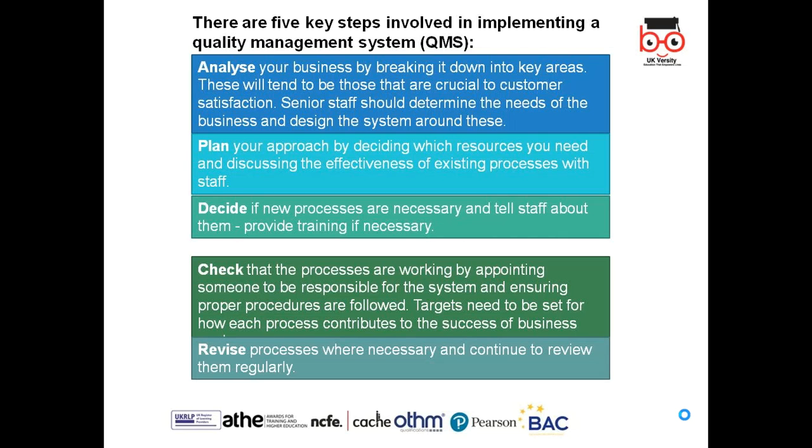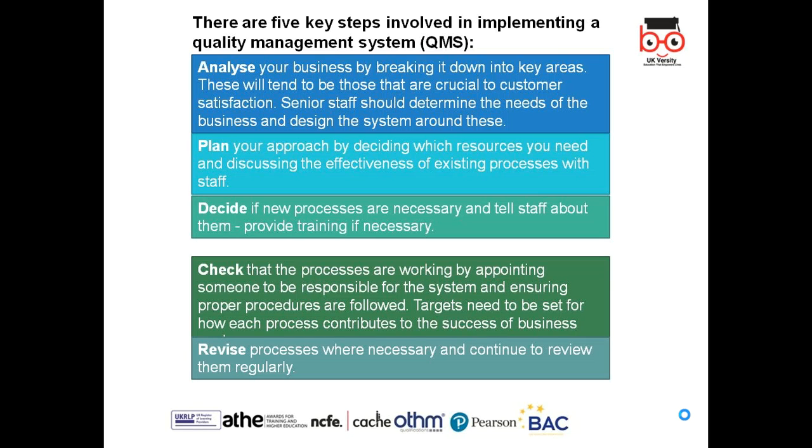They are stated in the quality manual as well as associated documents. So we can look at the QMS: analyze, plan, decide, check and revise. That's all we need to do to meet this quality standard.